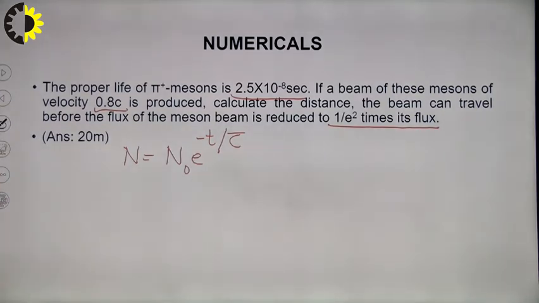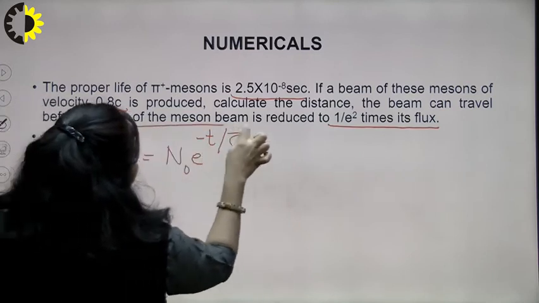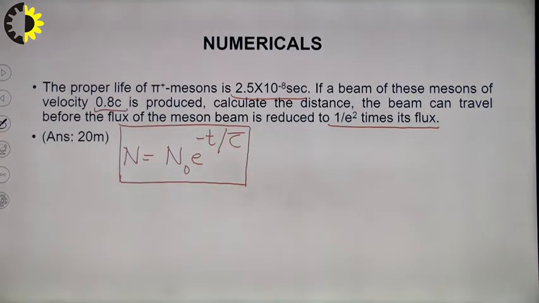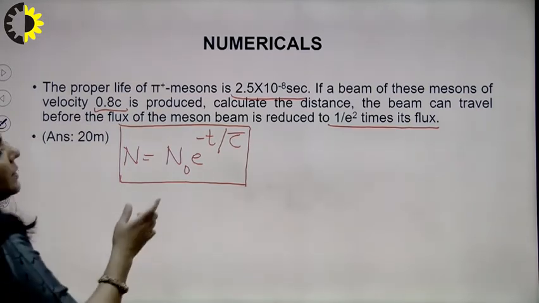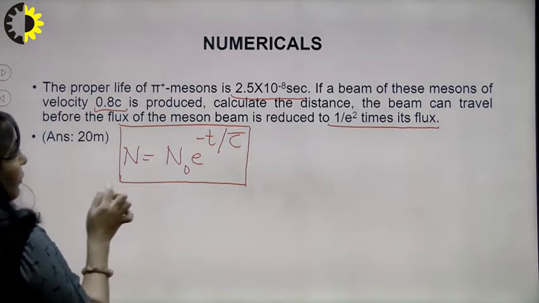So this is the equation of exponential decay of these pi mesons. N is equal to N naught e raised to power minus t upon tau, or you can say t upon t naught.